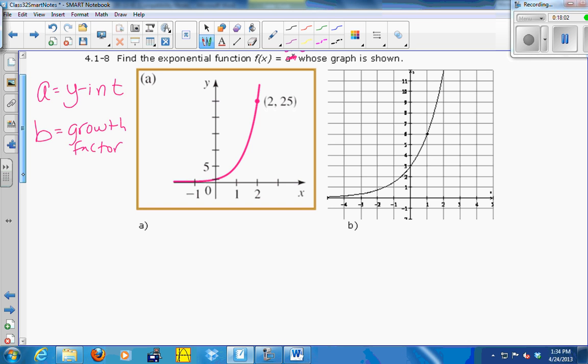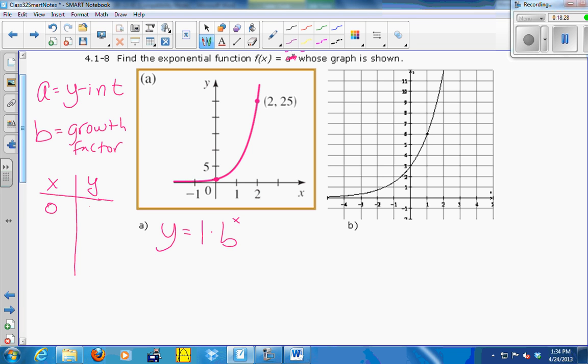So if I were to mark my y-intercept there, what does that look like? 1. Okay, so I would have y equals 1 times b to the x. Now I just have to figure out what b is. So I went from 0, 1, so I make a little table here, x, y.